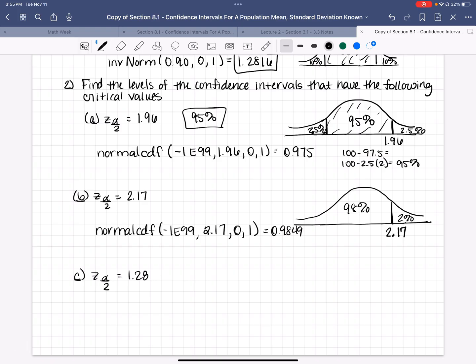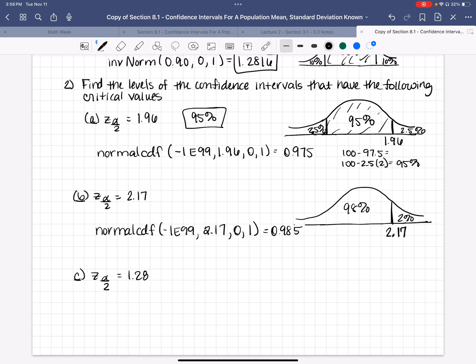Okay. So that means, let's not round that far. Let's not round it up that much. Let's leave it at 0.985. Okay.